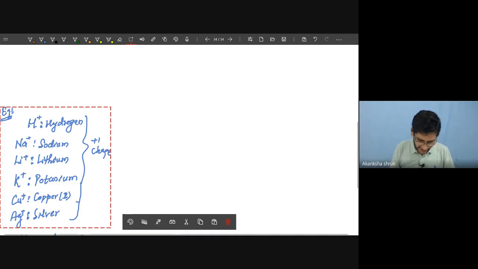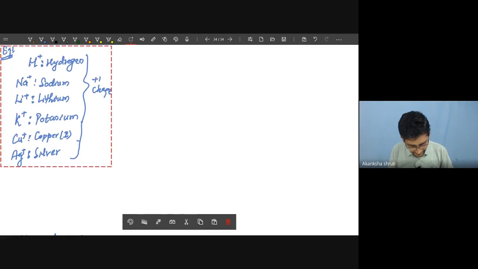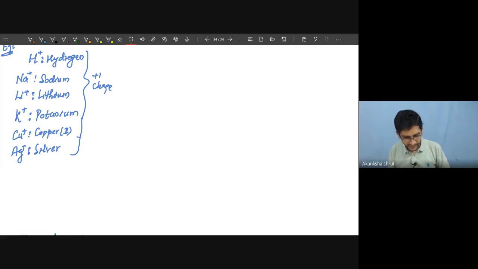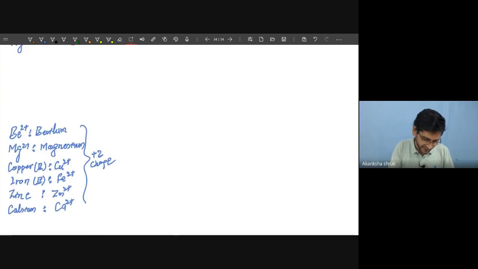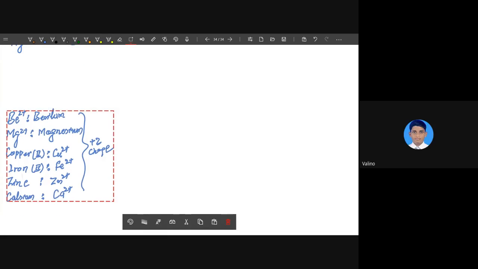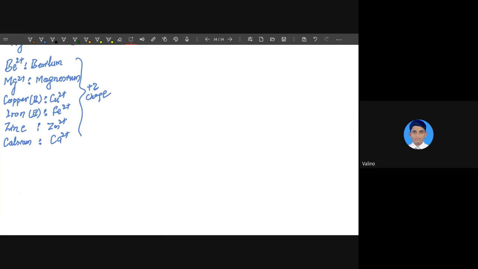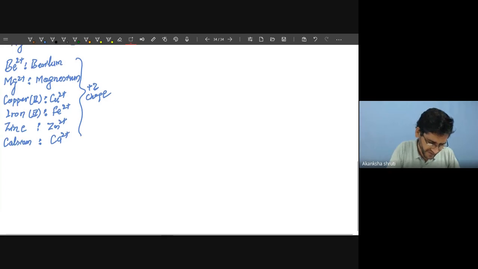Yes, student, recall for the 3 unit positive charged ions, what were they? One is aluminium. Boron. Very good. So it may be possible for, say, aluminium. How is it denoted?